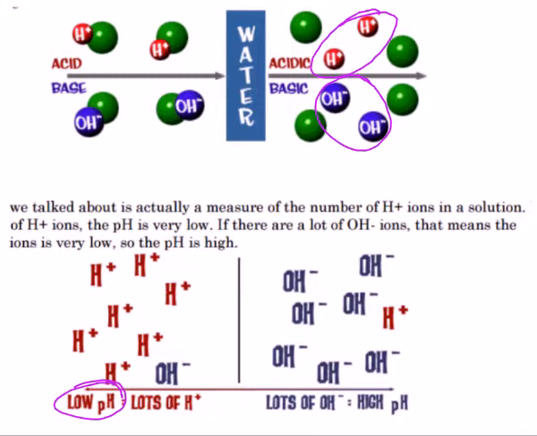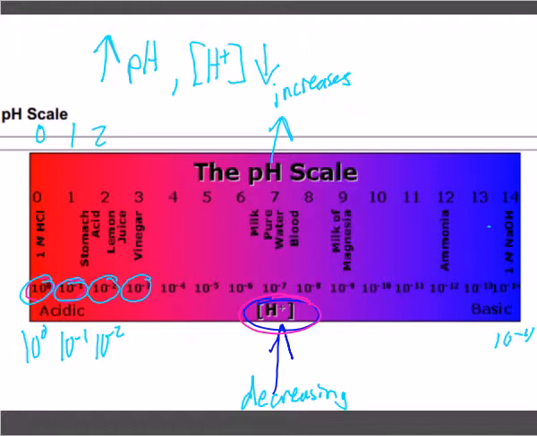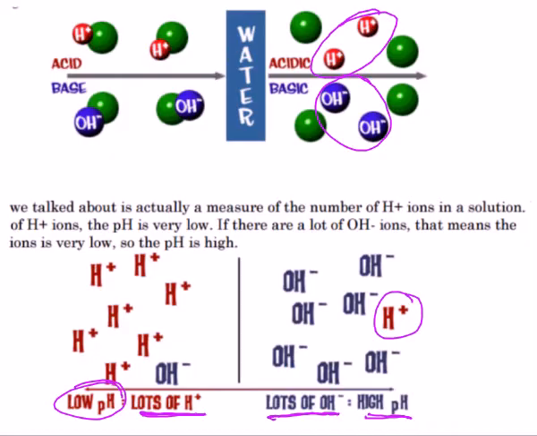But you have to understand the concepts right now. Understanding it now is going to make it easier when we come back and do the math after break. So low pH means we have lots of H plus ions. Lots of hydroxide ions means we have a high pH, which means we have very little hydrogen ions. That's why the hydrogen ion concentration, when we look back at this picture, got less as we went from acidic to basic. Questions?